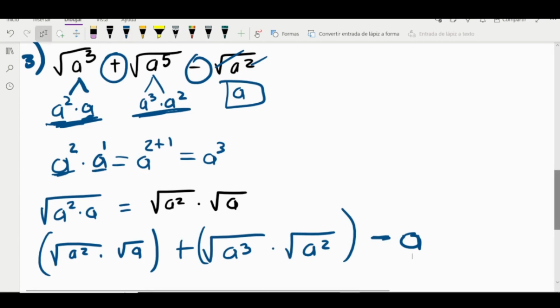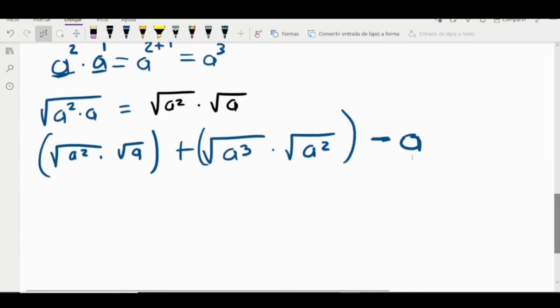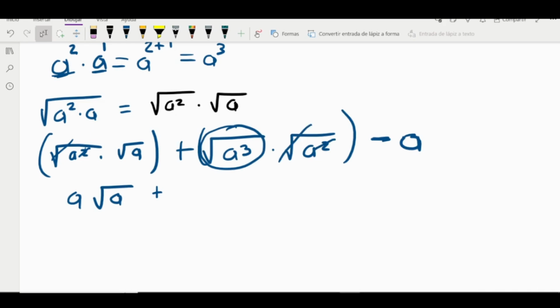We continue with the simplification. Now we can cancel here: the a squared with the square root gives a, times the square root of a, plus the square root of a to the cube, where we can cancel a squared and a, so we express it like this, the square root of a to the cube, minus a.